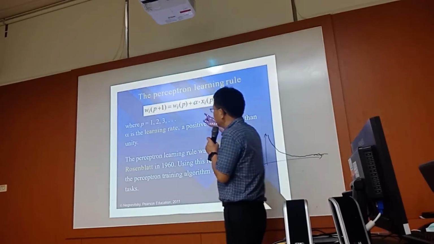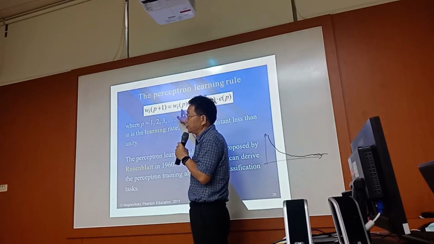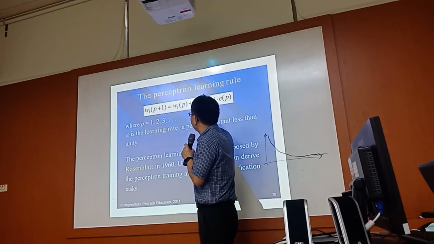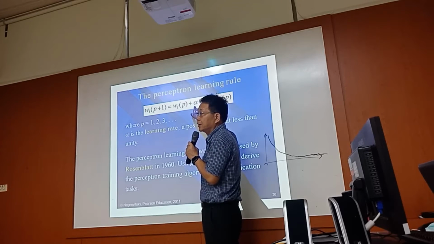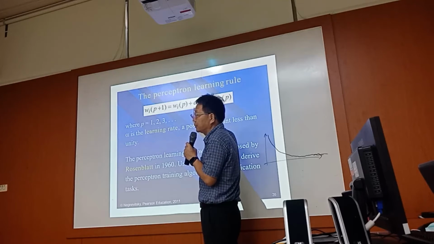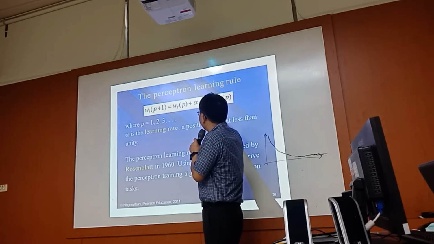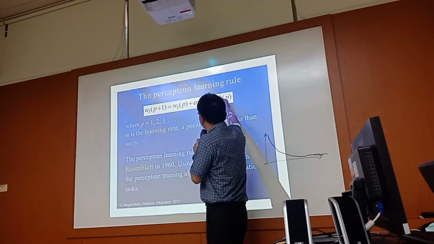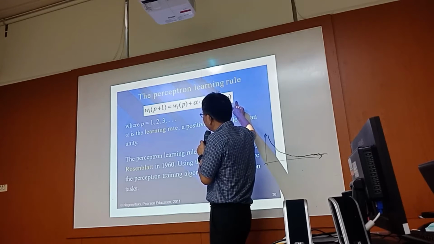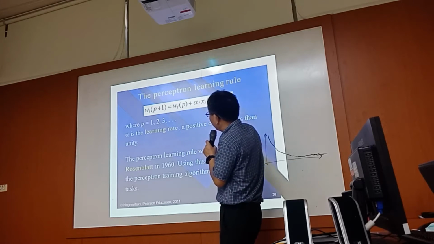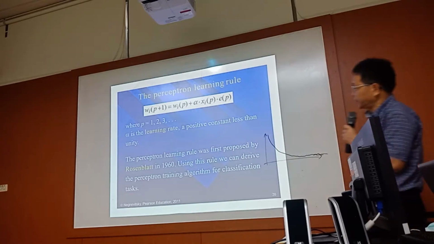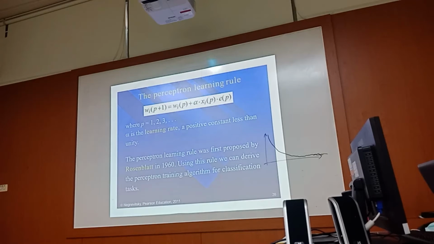The update method is based on your previous weight and adds a change rate. The change rate, we sometimes say the learning rate, alpha, multiplied by SI multiplied by EP, to do the learning.